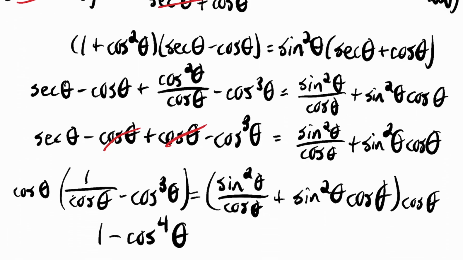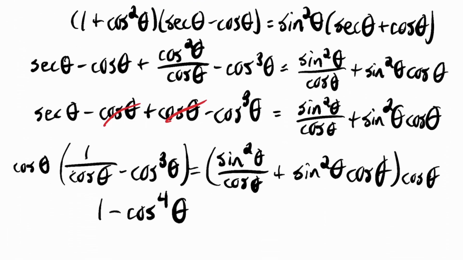And again, this is making me a little nervous. That exponent's going to be a problem, but we will do our best. And that equals, when I distribute this cosine, sine squared theta over cosine theta times cosine theta, so those cosines will cancel. And then here, I'll have cosine squared.